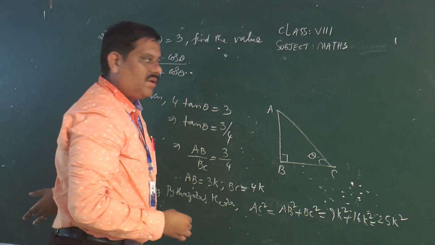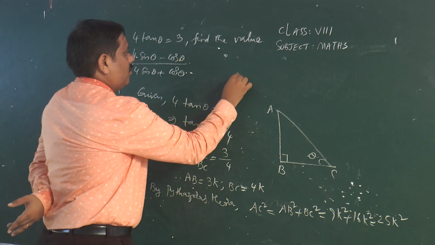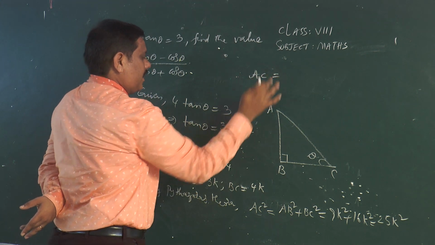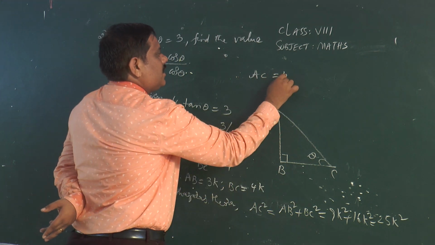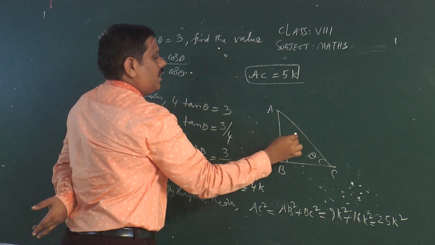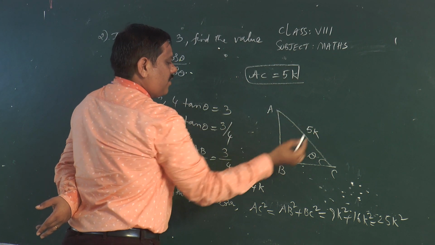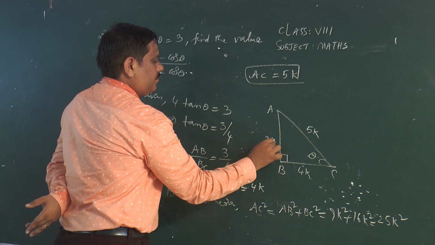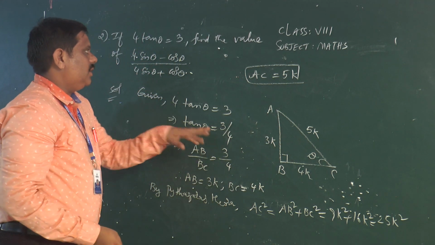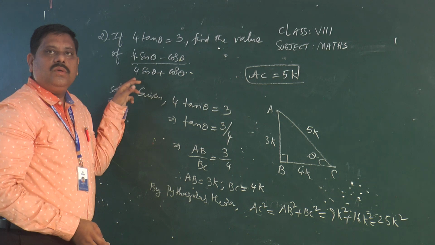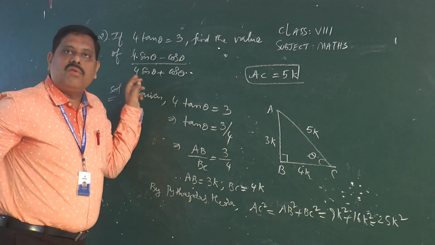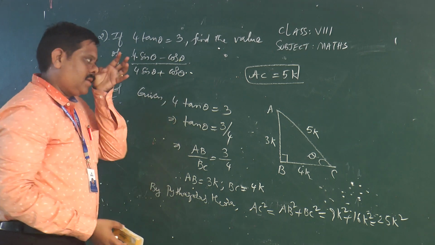Therefore, AC square is 25k square, AC is equal to 5k. So we got the value of the hypotenuse as 5k. BC is already 4k and AB is 3k. Based on this, we have to find the value of 4 sin theta minus cos theta by 4 sin theta plus cos theta. Let us find its value.